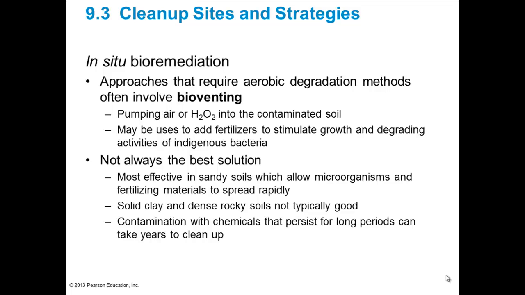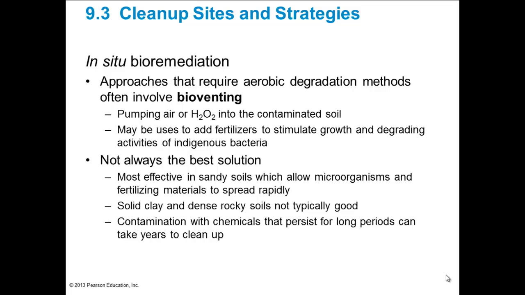But aerobic may not be the best solution. For this aerobic bioventing, you need more porous soil like sandy soil, and this allows the microorganisms and the fertilizing materials to spread rapidly. But if you have soils that are high in clay content or have dense rocks, then it's more difficult to distribute the oxygen and the nutrients.